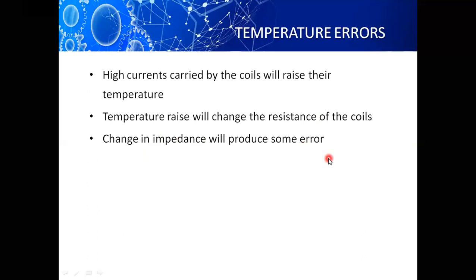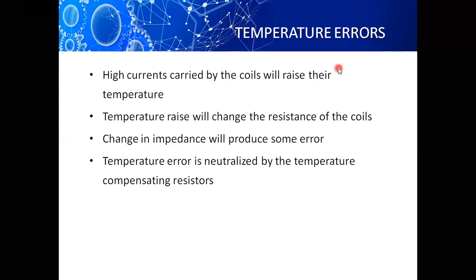Hence, what do we have to do to neutralize this temperature error? To neutralize it, we use compensating resistors. These compensating resistors try to maintain the same resistance of the circuit, so the impedance is not changed. Though the temperature might rise, and the resistance of the coils will get reduced a bit, because of the presence of the compensating resistors, the overall resistance of the circuit will not change.